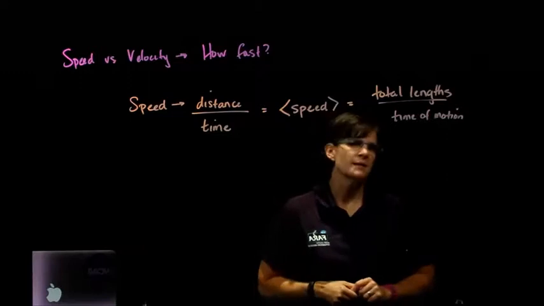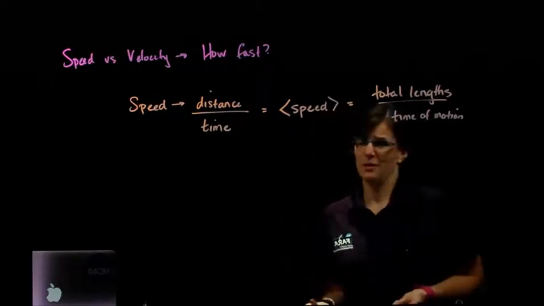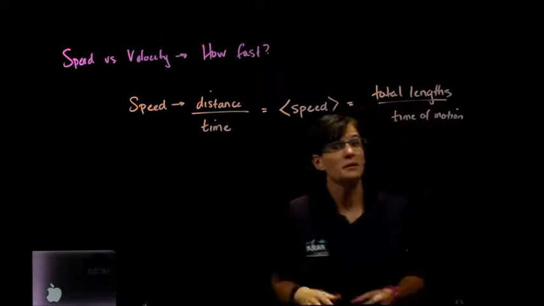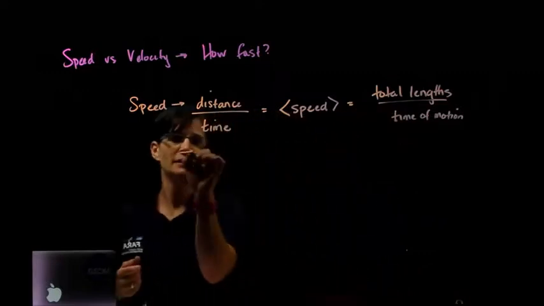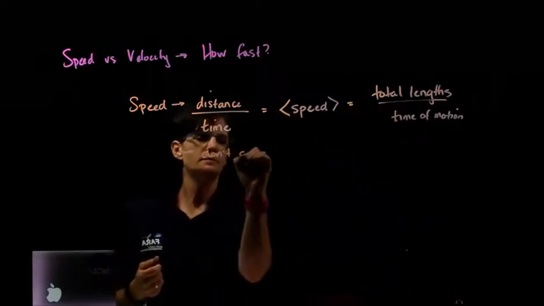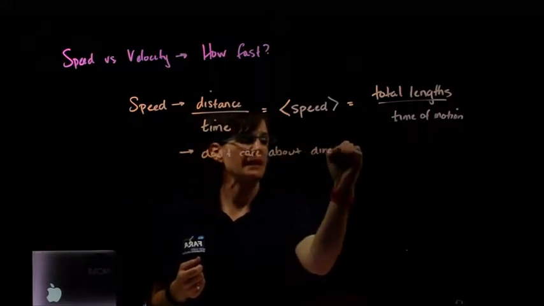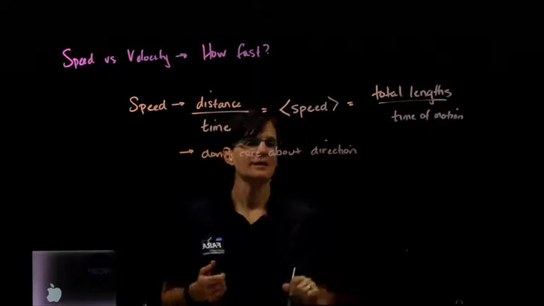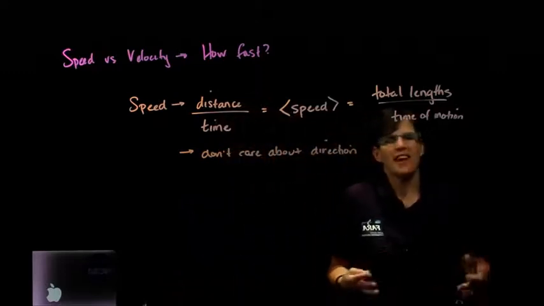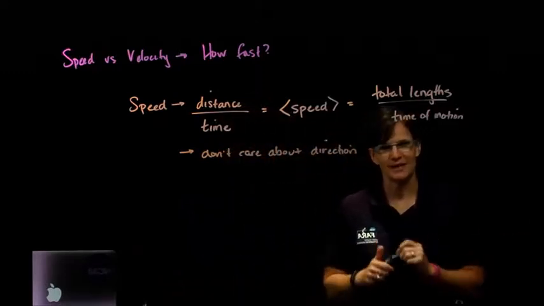Now, since it's total lengths and lengths don't care about direction, we don't care about direction for speed either. We are simply saying that speed is a how fast, doesn't matter what direction it's headed.